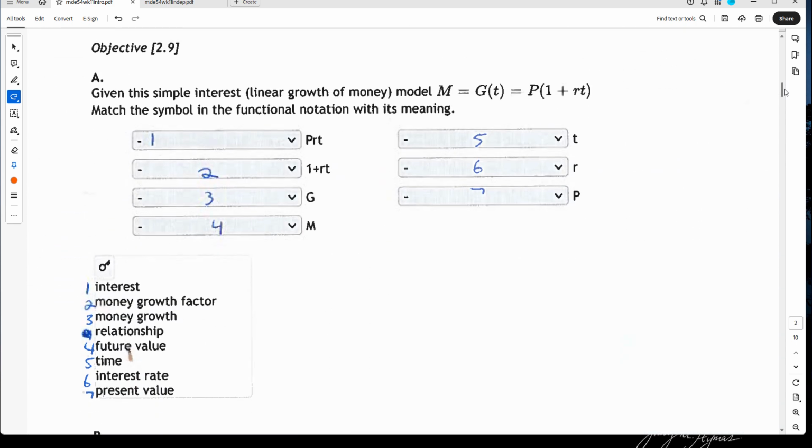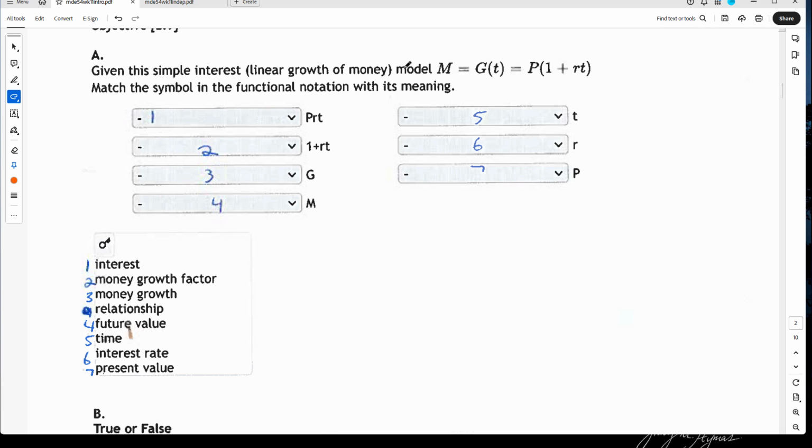Given the simple interest, linear growth of money model here, match the symbol with the functional notation with its meaning. In this case, PRT, that's the interest. I is equal to PRT, remember that.